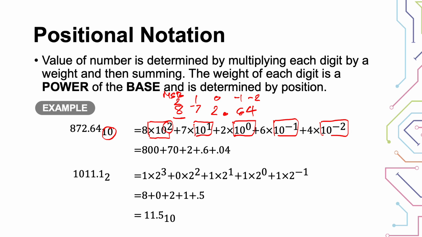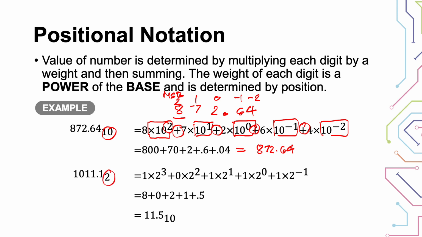So what we do is just sum it. After summing, using our calculator, we come up with the value equivalent to this, which is still 872.64.